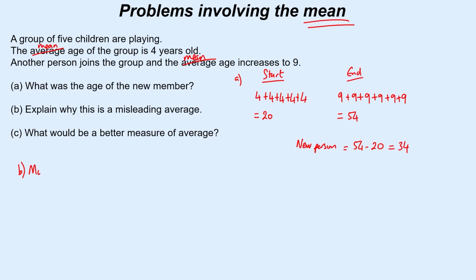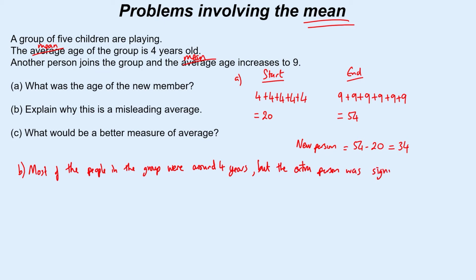So most of the children, most of the people in the group were around 4, but the extra person was significantly older. And that's going to skew the data for our mean.